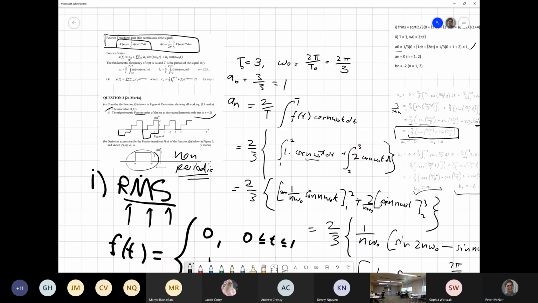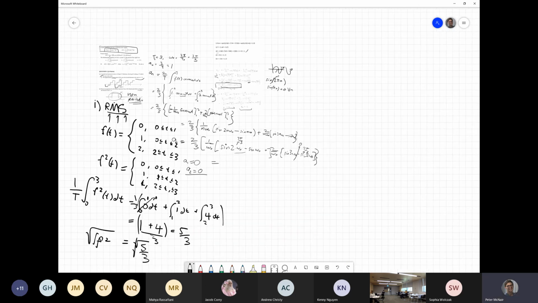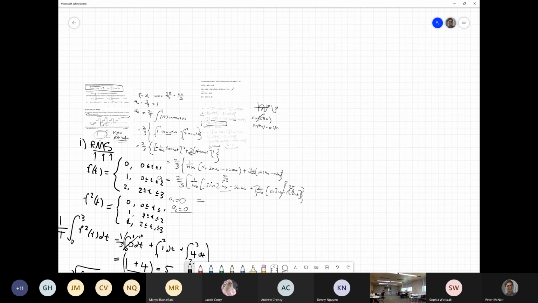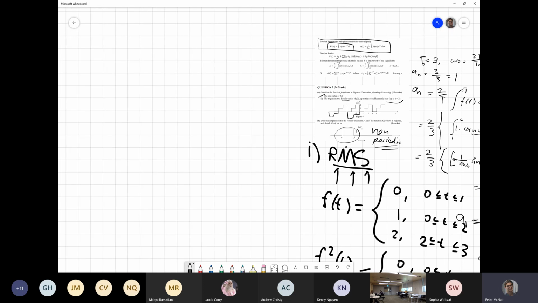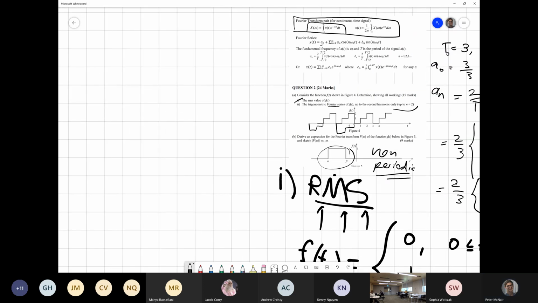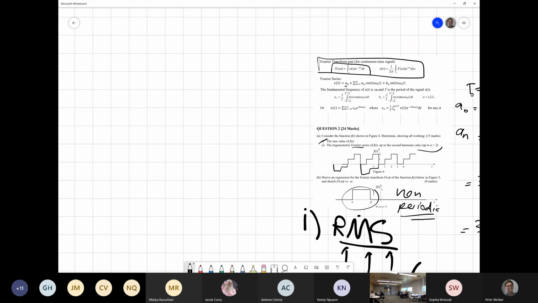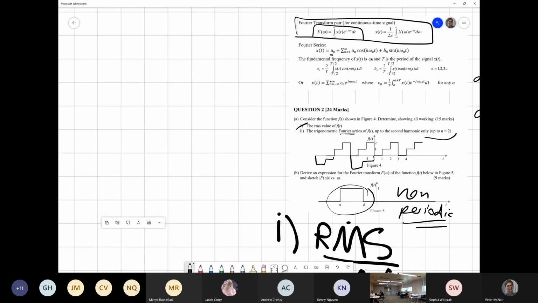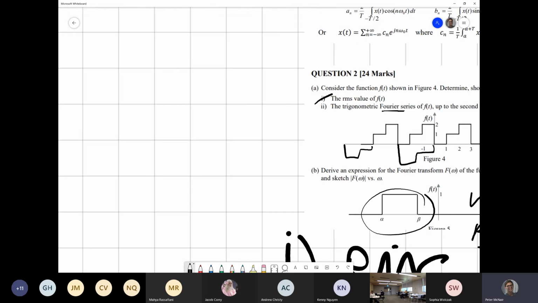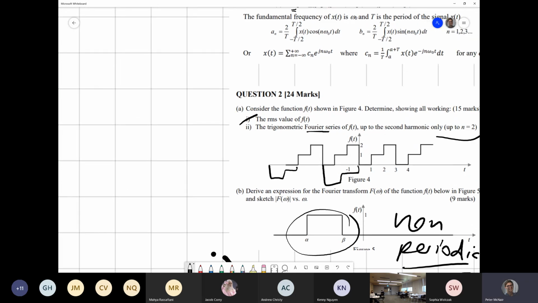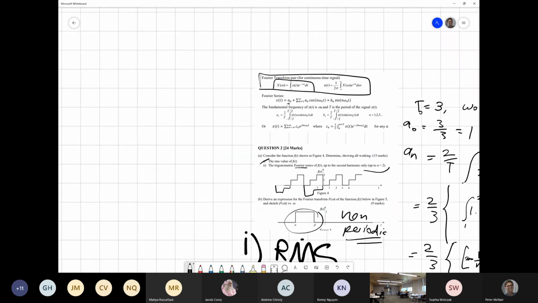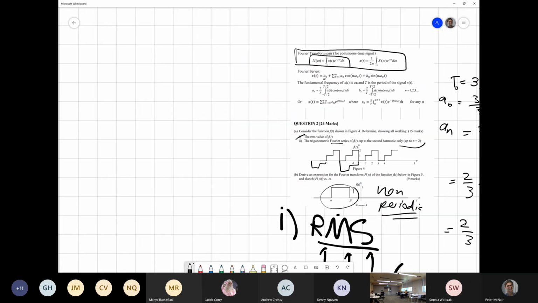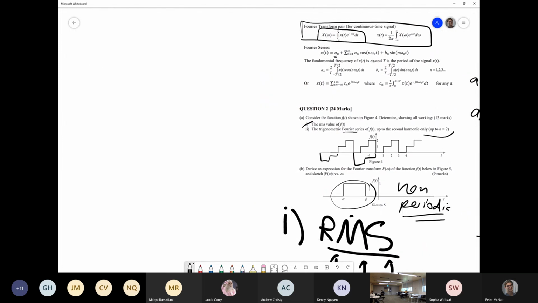I'll bring it over this side. So there's our question B there. Sorry if it's a bit small. And it wants us an expression for F of omega.